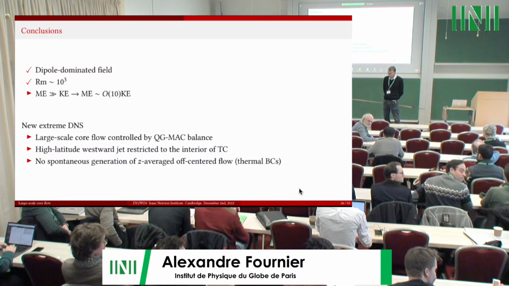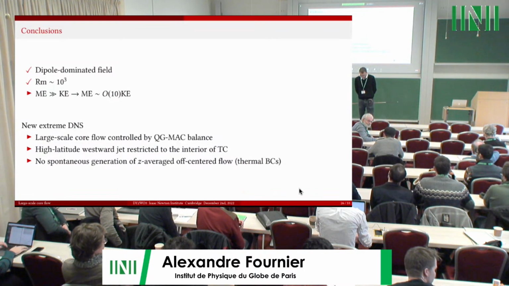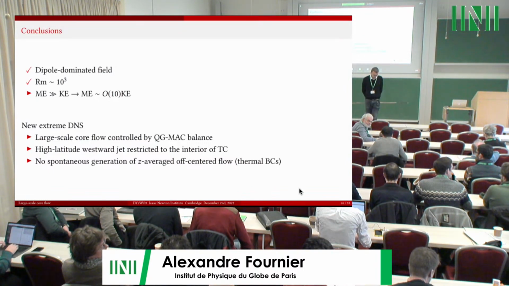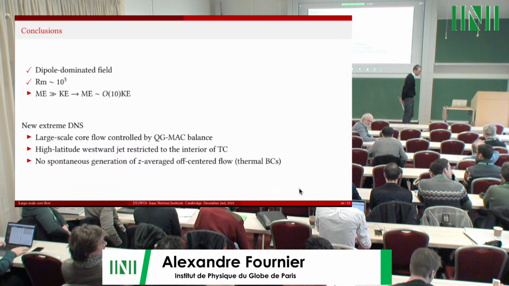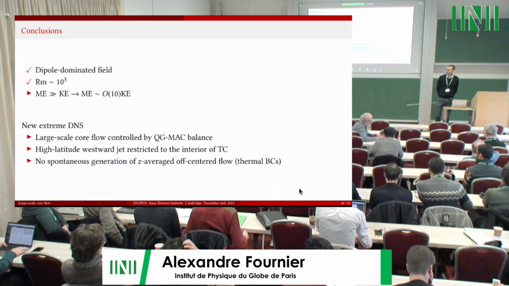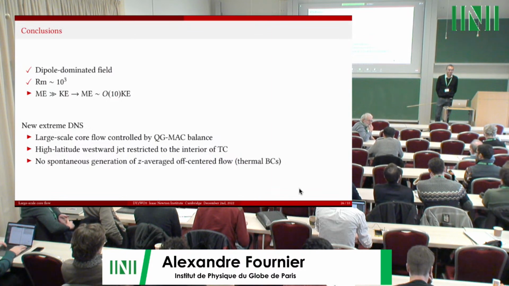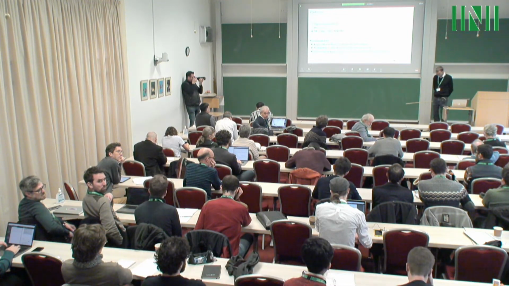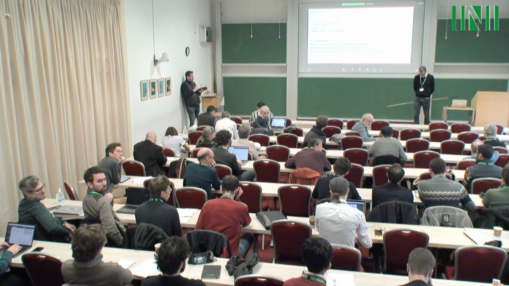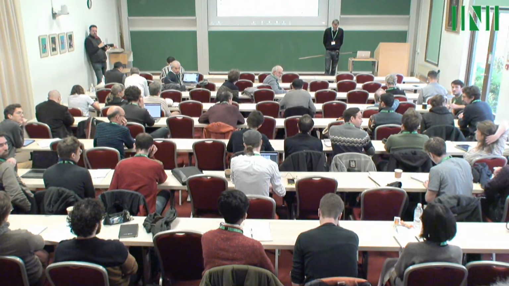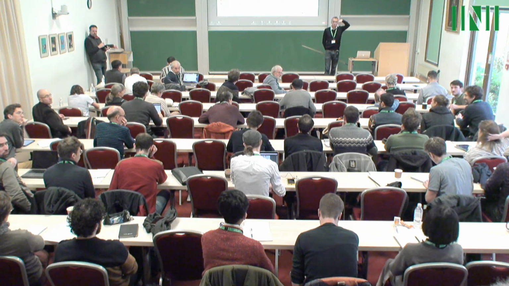I have looked at that when we perform core flow inversions, but I have to stress that the polar cap is a very small area at the surface of the core, so the confidence I get in these flows is little. One of the main reasons for this is the difficulty of having a clear signal of what's going on at high latitudes, because that's where the magnetic signal is more complicated, with all the field-aligned currents and so on.